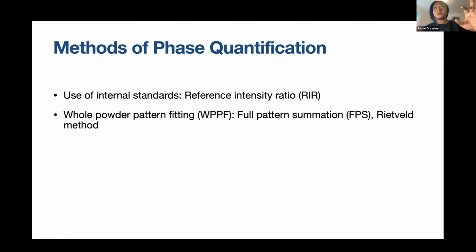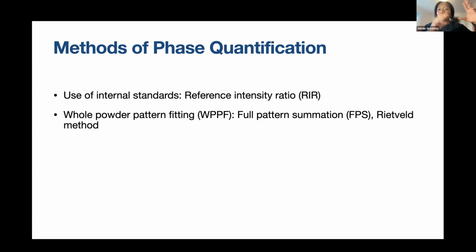This is a standard material that we know well, in a 50-50 ratio, basically contaminating the sample, then taking the XRD scan and comparing the peaks of what you contaminated with against the other phases. This is what we call the reference intensity ratio method. So we use the standard as a reference to quantify the other phases in the sample, knowing how much of the reference we put in.